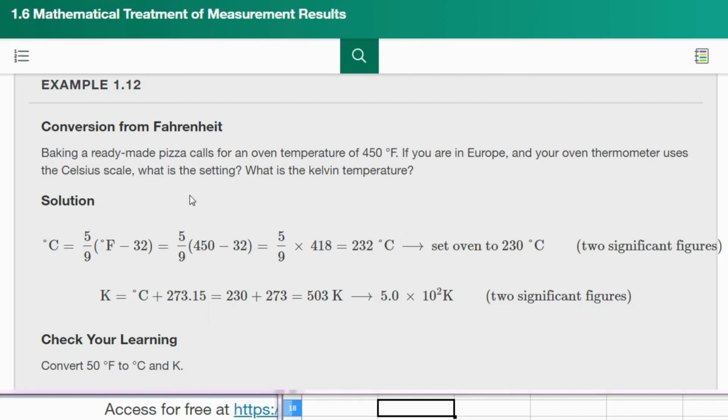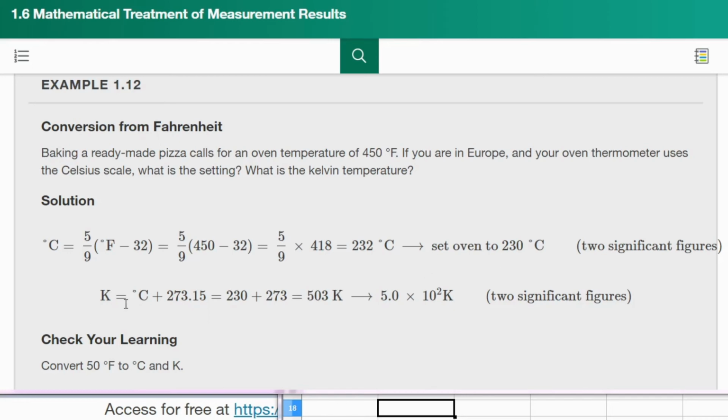So the solution is we take the Fahrenheit, subtract 32 from it, multiply by 5/9, and crunch the math through, and you get 232 degrees Celsius. The original temperature in Fahrenheit was 2 significant figures, and it says to use 2 significant figures, so that would be 230 degrees Celsius.